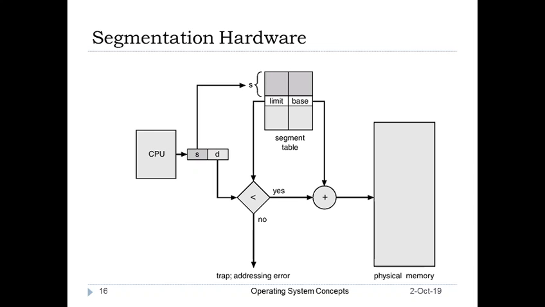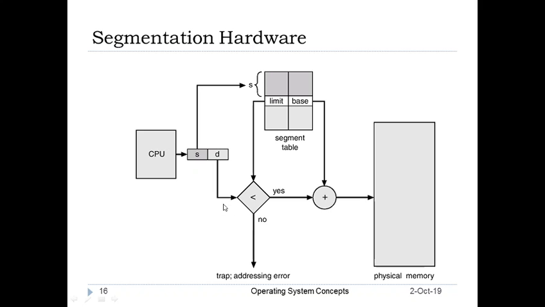As always, the CPU generates the logical address, but in segmentation that logical address consists of a segment number and an offset. From the segment number we will get the limit and base, but the offset should be greater than 0 and less than the limit. If it is less than 0, then of course there is an error and a trap goes to the operating system. If it is greater than the limit, then it is out of bounds, and again a trap goes to the operating system. So this offset should be between 0 and the limit of the segment.